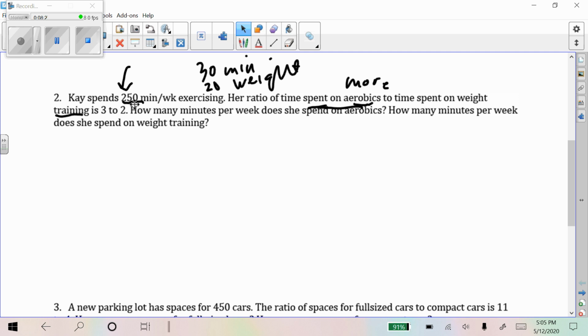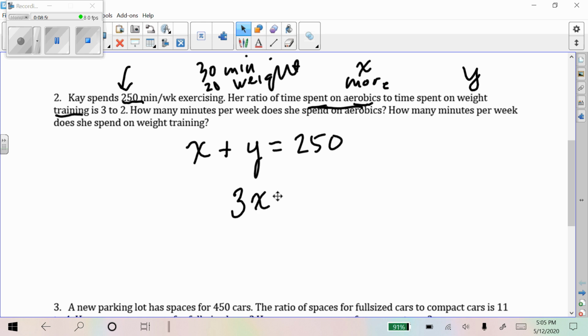Okay, so we know that her minutes exercising are 250. Let's let X be the number of minutes on aerobics and Y be the number of minutes on weight training. So we get this real simple equation, X plus Y equals 250. Now, since the ratio of aerobics to weight training is 3:2, we can basically say that for every 3 X's, that's equal to 2 Y's.